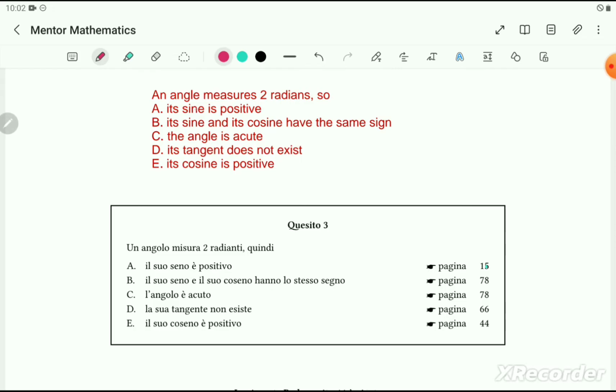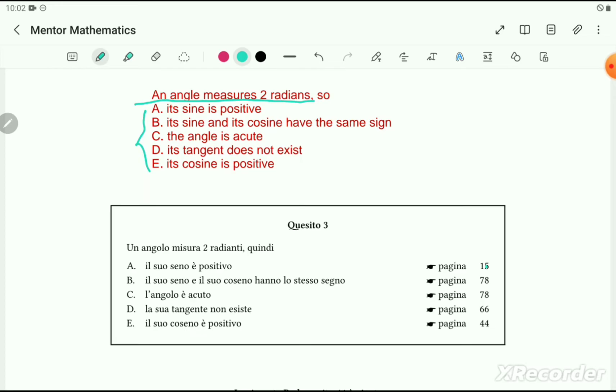An angle measures 2 radians. So here are the 5 options: its sine is positive, its sine and its cosine have the same sign, the angle is acute, the tangent does not exist, its cosine is positive.